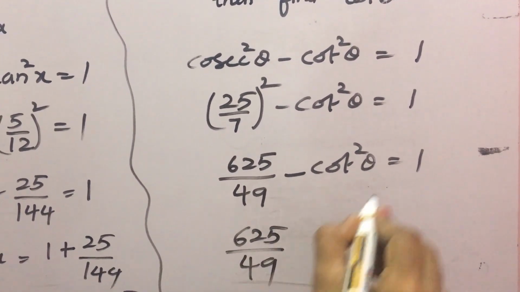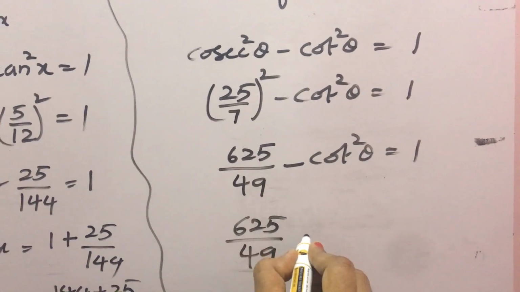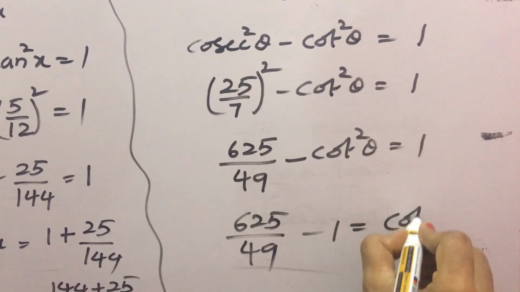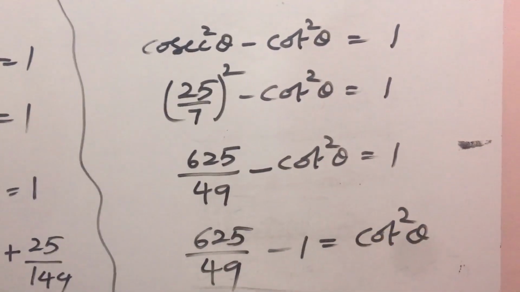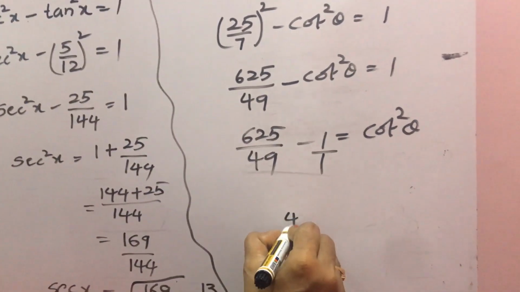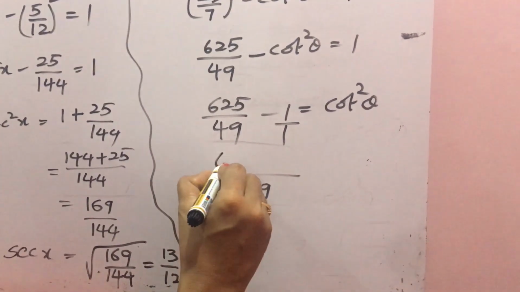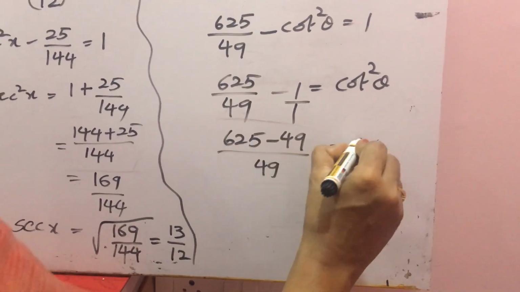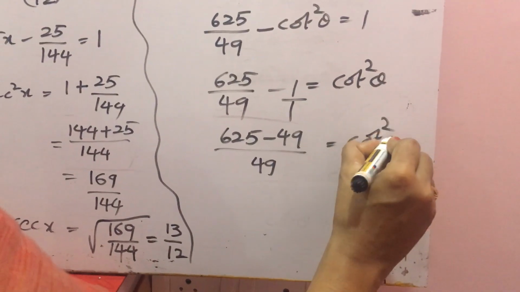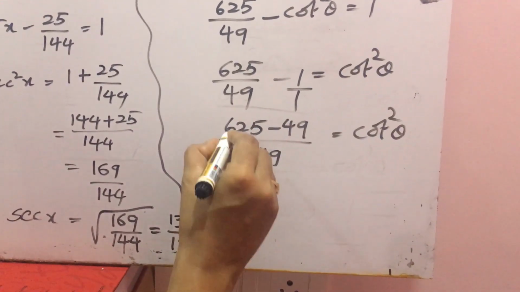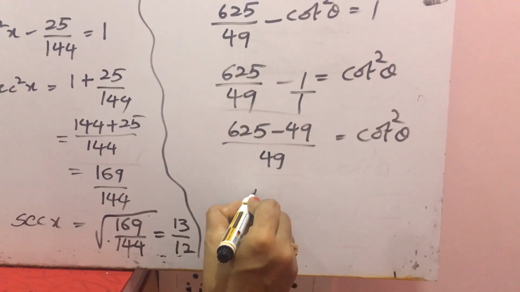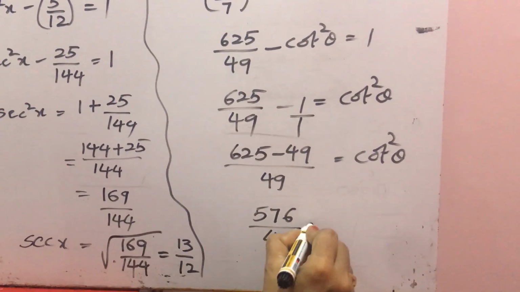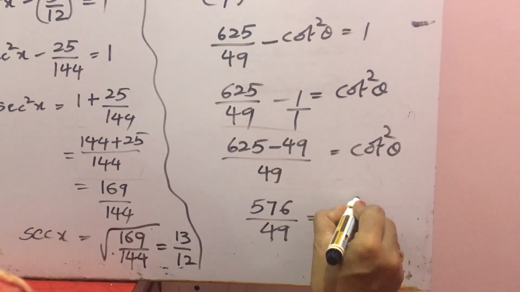625 by 49, if you take plus 1 this side, it will become minus 1. If you take that side, minus cot square theta becomes plus cot square theta. Again we are taking LCM here. 625 minus 49 by 49 is equal to cot square theta. 625 minus 49 is equal to 576 by 49 is equal to cot square theta.